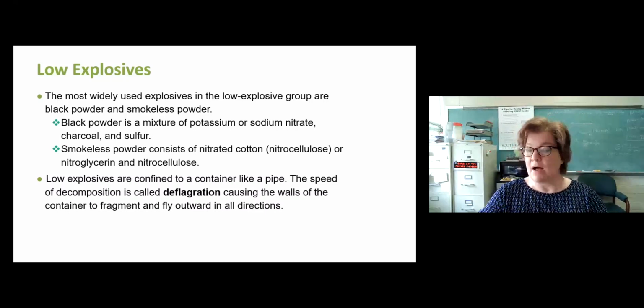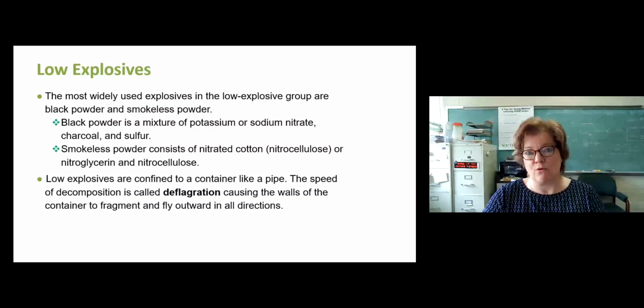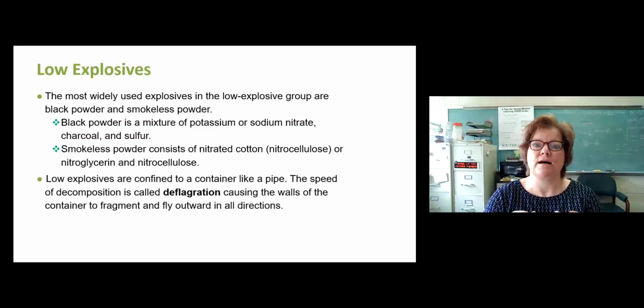So we put them in a pipe or a container, it might even be a Molotov cocktail, so it's enclosed in a container. It takes a while for the decomposition of the explosive to happen, and it builds up and builds up pressure. Because it's a little bit slower, we call it deflagration.